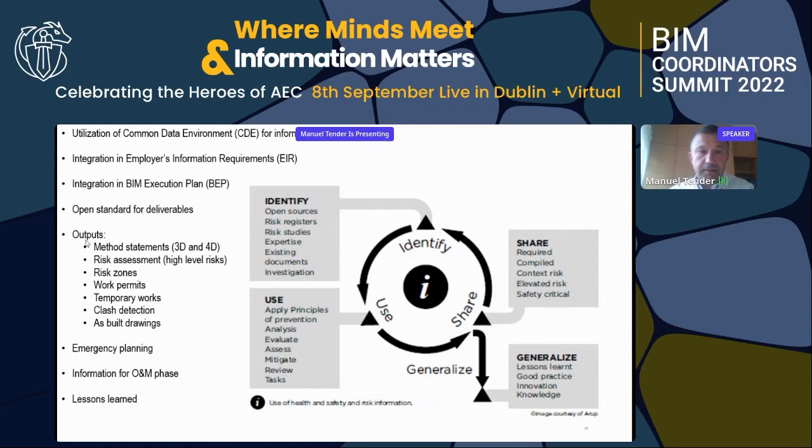It's a main topic about the BIM used for health and safety, clash detection, and as-built drawings. These are some of the outputs that we must have in the topic of HOS when we use 3D, 4D models. This document also talks about including emergency planning in a model, including information for operation and maintenance, and using lessons learned.